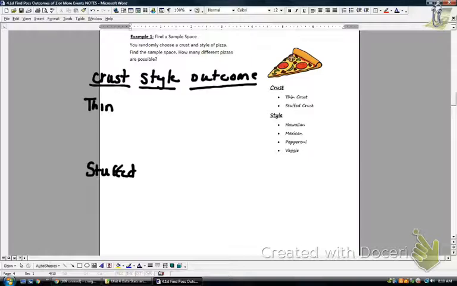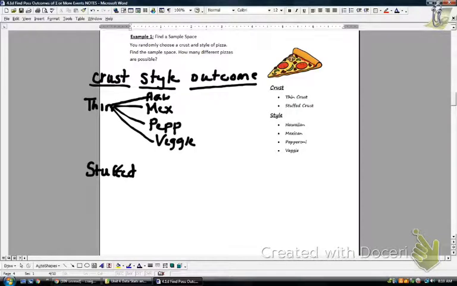And then the thin crust, if we choose thin, we can choose Hawaiian, and I'll end up probably abbreviating because it gets repetitive. We can choose Mexican. We can choose pepperoni, or we can choose veggie.